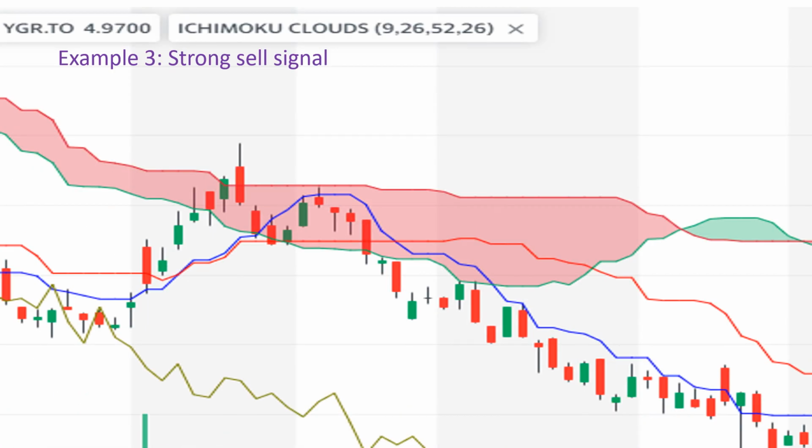Example number 3 is strong sell signal using price rejection or price reversal. This is a bearish Kumo cloud, and the upper band indicated with the red color is leading span B, here acting as dynamic resistance, and the lower band indicated with green color line is leading span A, here acting as dynamic support.